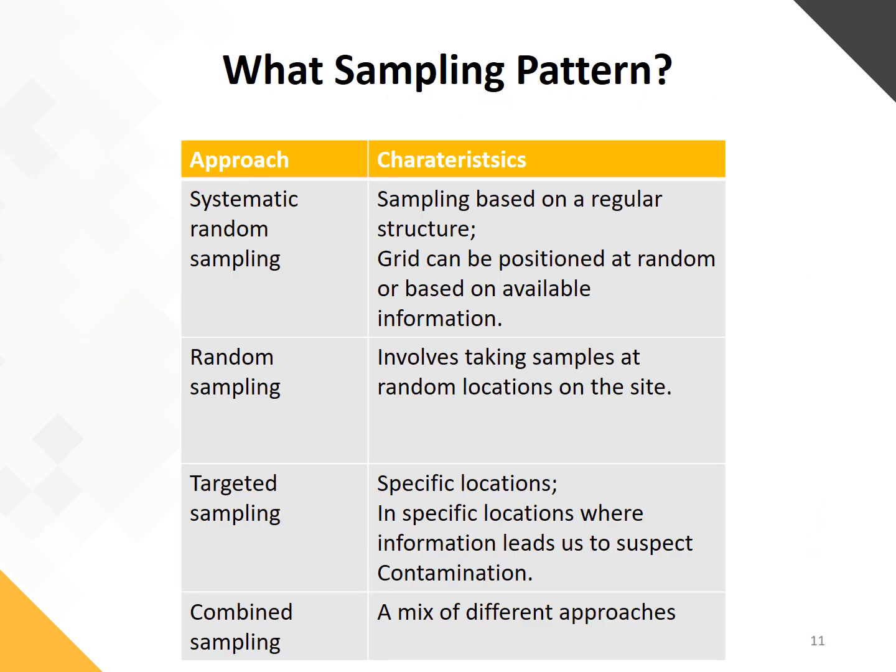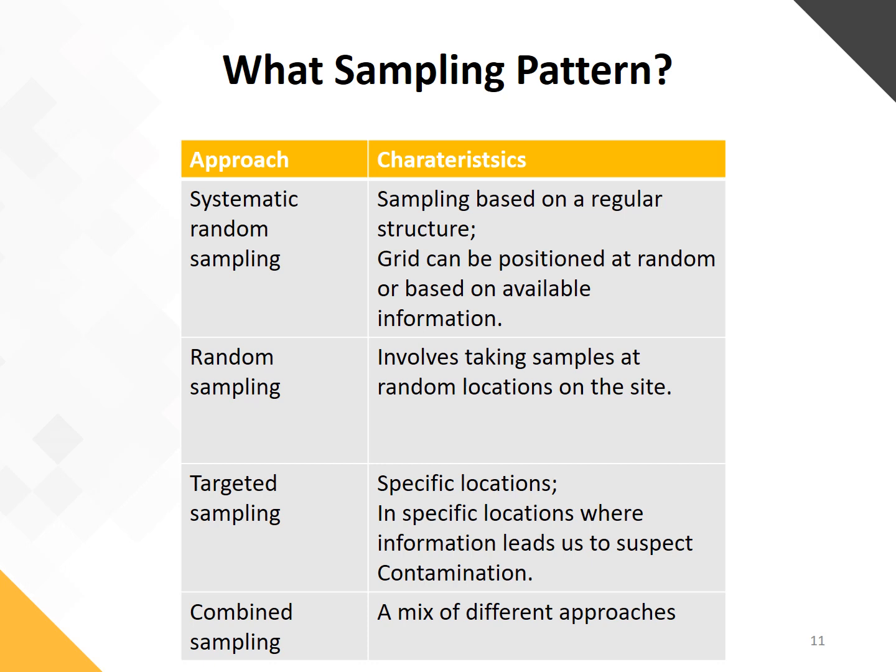Then you have to choose what sampling pattern you're going to use. You have actually 4 different approaches. The first one is called the systematic random sampling, which is based on a regular structure. So imagine just a grid that you put on the site, and you would, for instance, take a sample every 25 square meters. Then you have the random sampling.